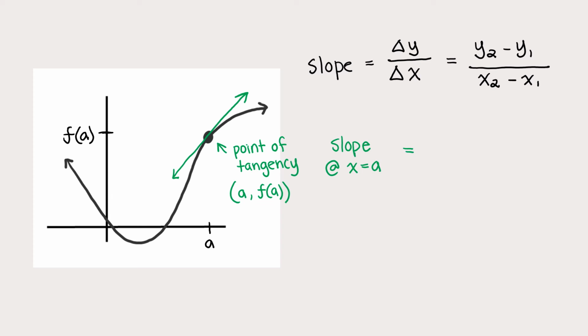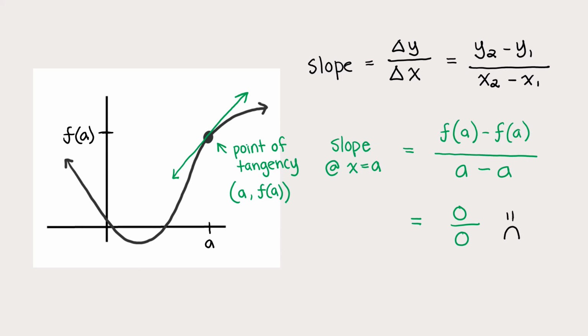And that will be equal to, well, we only have this one point, so let's just use that point. So that would be the difference in our y values, f of a minus f of a, divided by the difference between our x values, a minus a, which gives us 0 over 0. Unfortunately, 0 over 0 really doesn't give us much information.